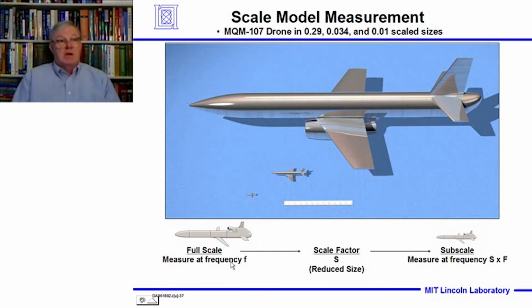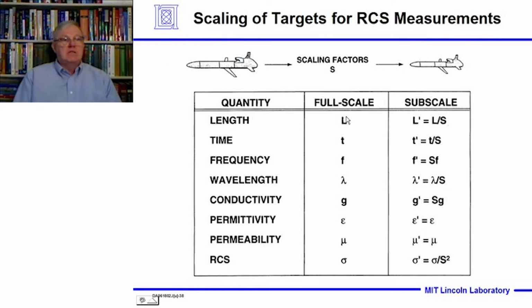But that's part of the problem. The next thing is, how do you scale the other factors in the target? Well, length scales the same. Length is fine. You scale the time so that the times you look at, of the pulse width and things like that, you make them shorter. As I said, you make the frequency longer, the wavelength shorter, and then the permittivity and permeability, which are the dielectric and magnetic properties of the material, are the same.